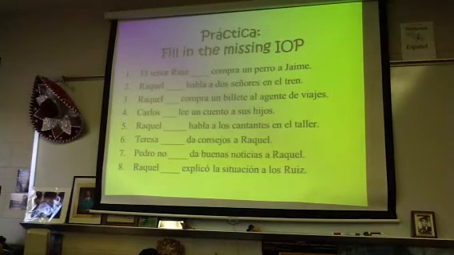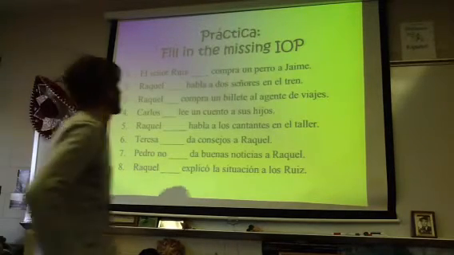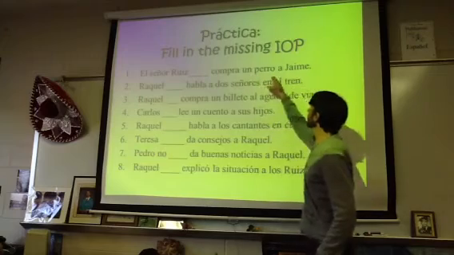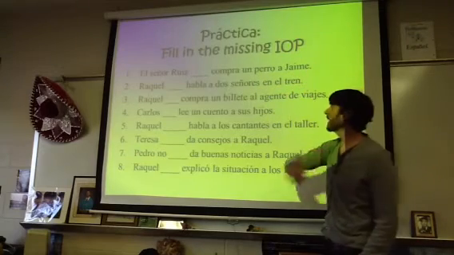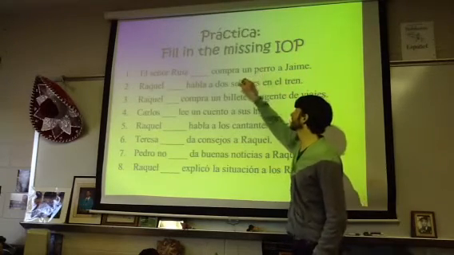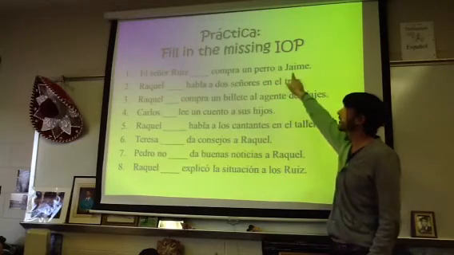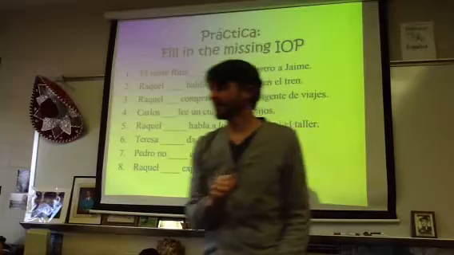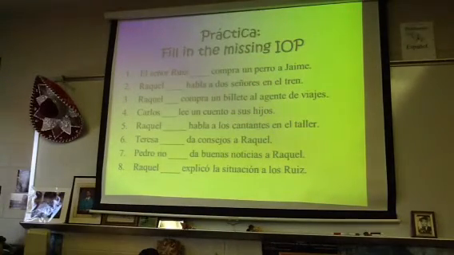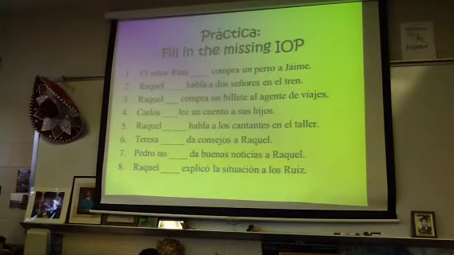Now, let's see if you can put these correctly. El señor Ruiz compra un perro a Jaime. What does he buy? Un perro. That's the direct object. For whom? For whose benefit? A Jaime. So Jaime is singular, and Jaime is masculine, and Jaime is indirect.